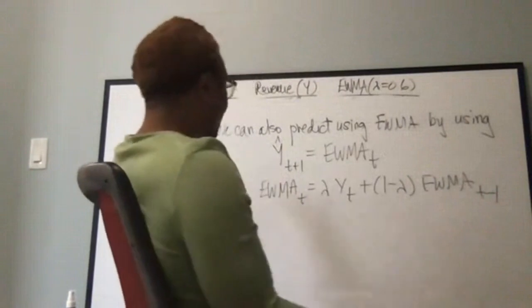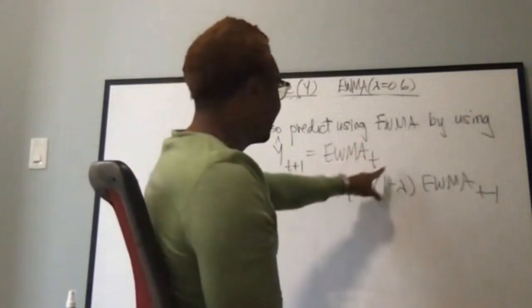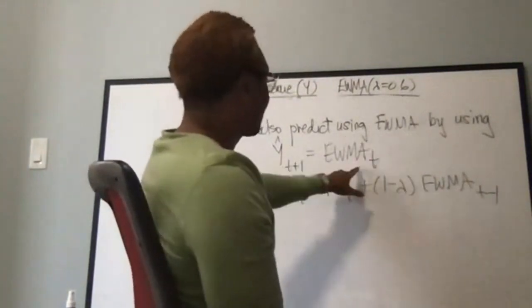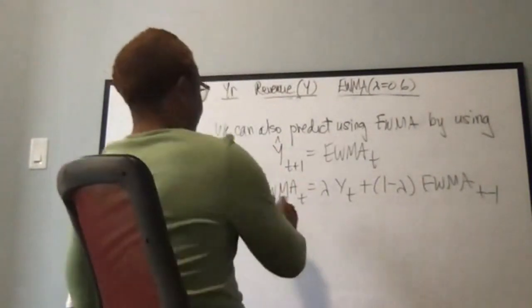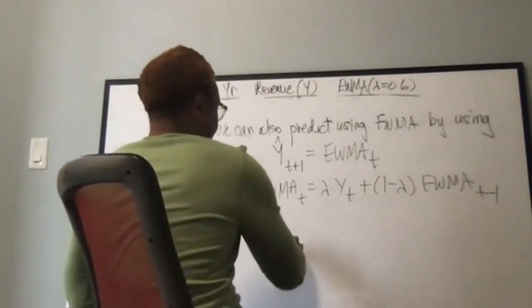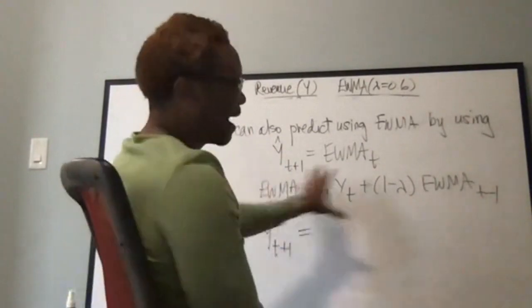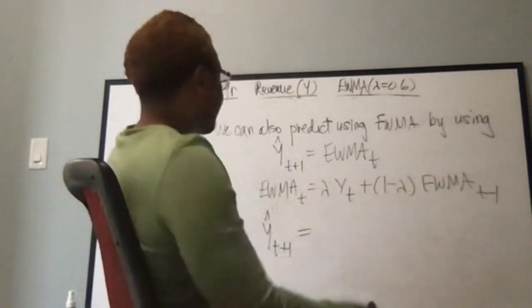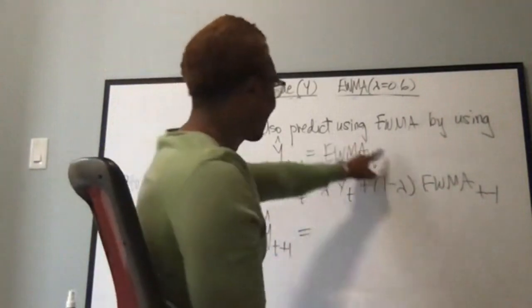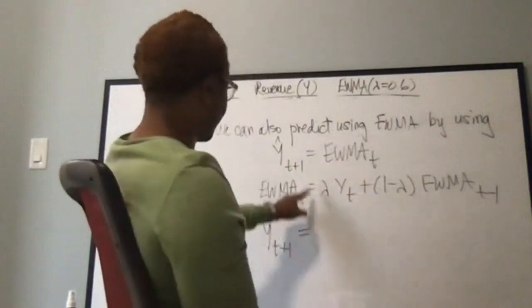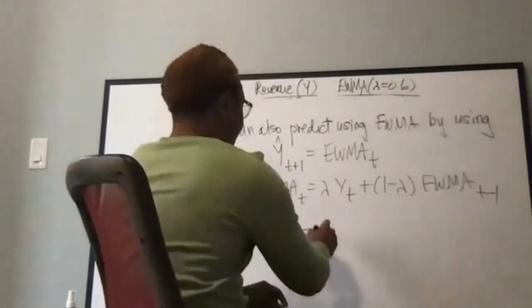But wherever I see an EWMA of T, I'm going to substitute this value right here, so we're going to have this y hat T+1. And I'll never ask you to do what I'm doing right here, but I just want you to see something. I substitute this value wherever I see this.